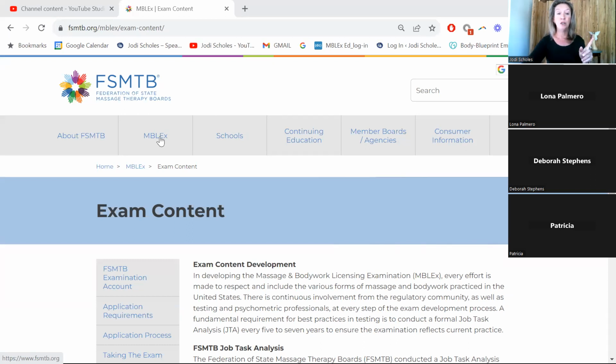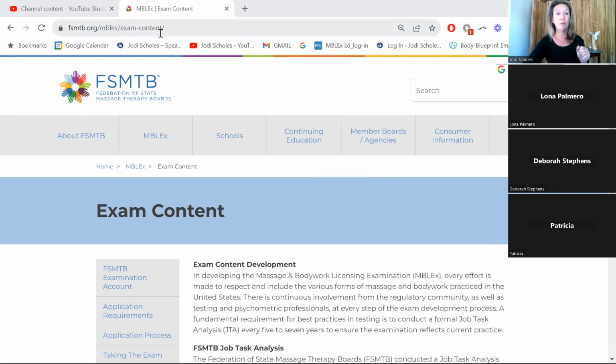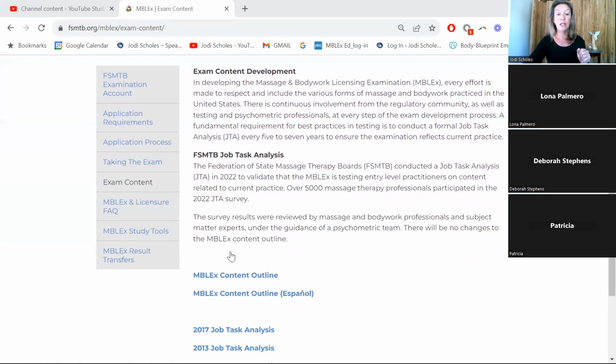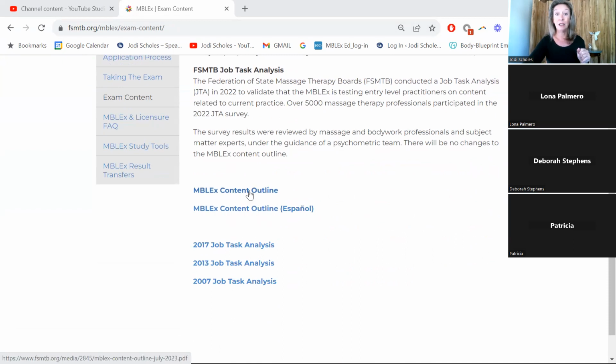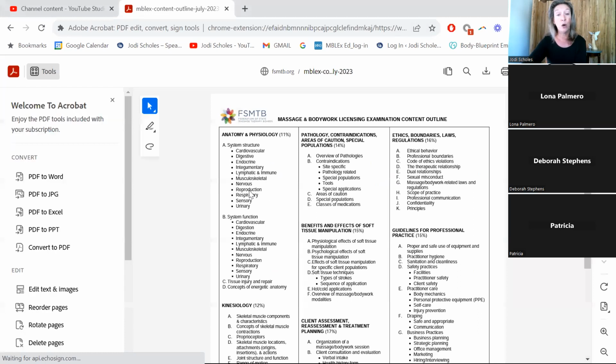But did you know that under the MBLEx, it has this little button, exam content? Look at the URL, exam content. Yes. And so here we scroll down, and there is a live link to the exam content. And if you're a patron, I'm going to go ahead and attach this to our lecture today so that you can see it again.